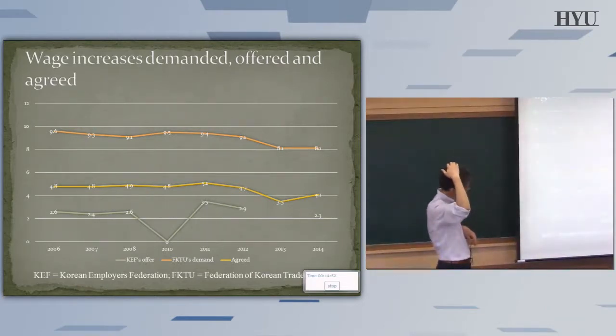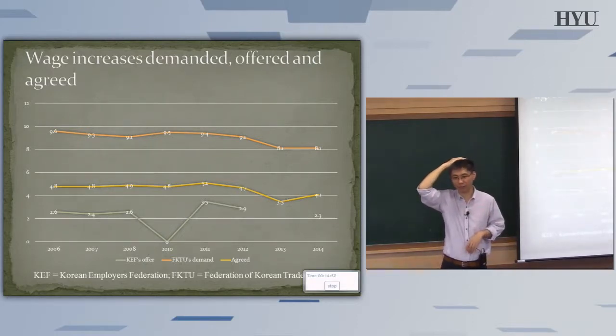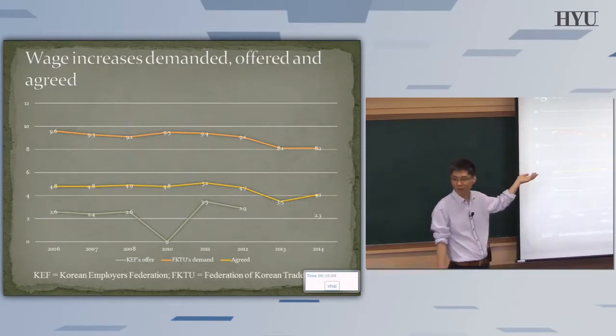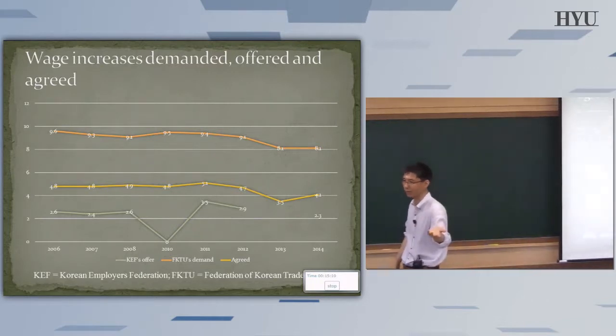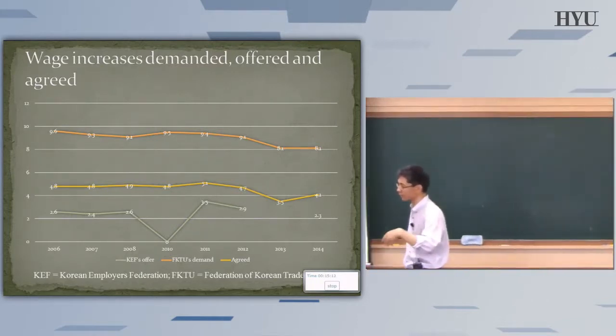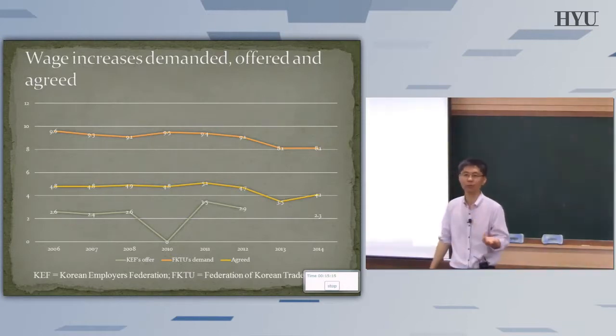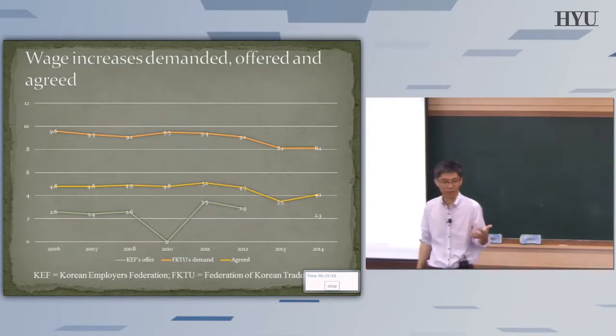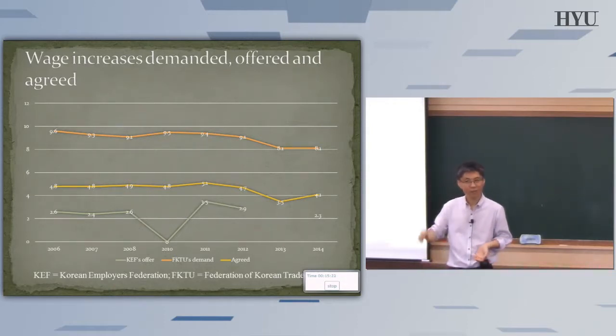So every year we can pretty much guess the actual outcome. Regardless of what they say, it should be around 5% at the end. The union says 9% or 8%, and the employers say about 2%, but the outcome is in the middle, so it can be easily predicted.